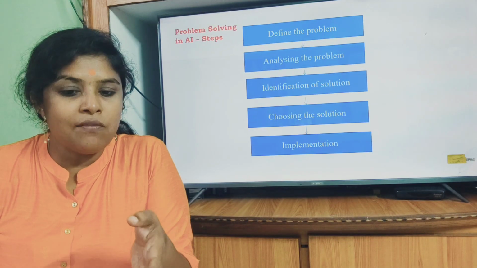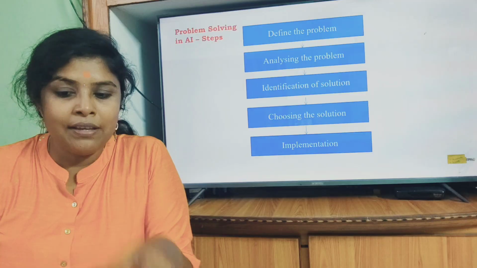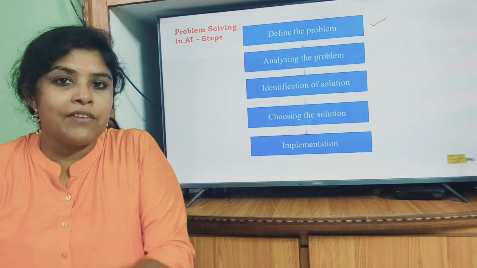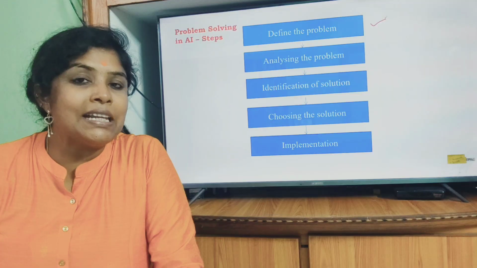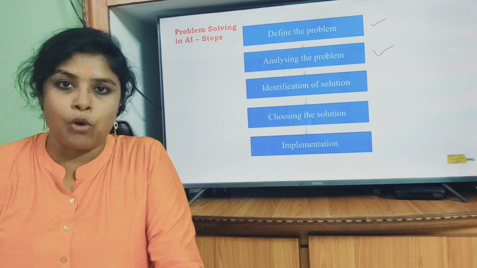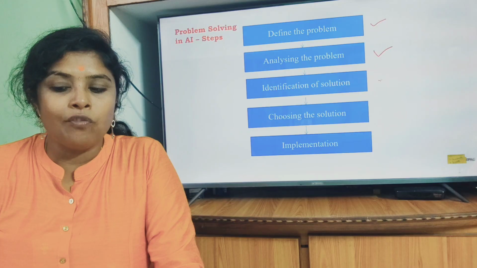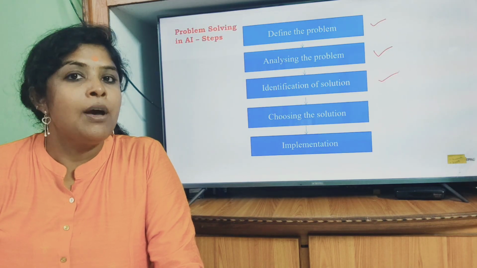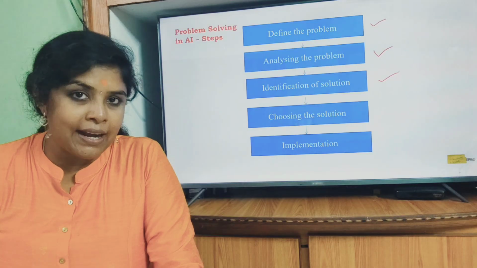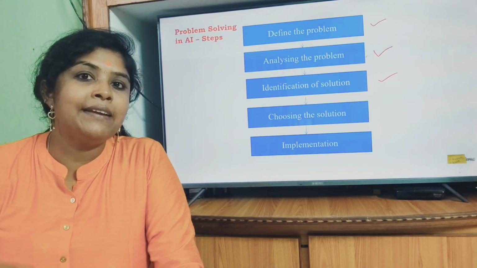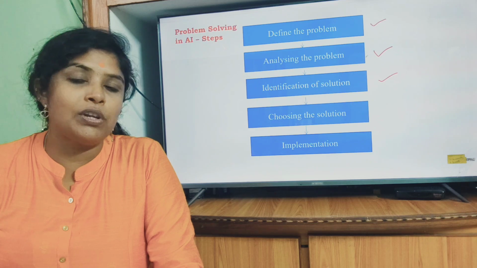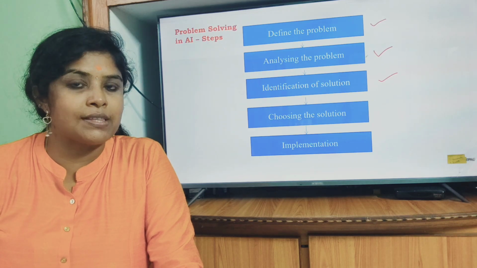Coming to the steps involved in problem solving, the first step is define the problem. Whatever problem is given to us, it should be defined clearly and precisely. And then we need to analyze the problem. And then we need to go for identifying the set of possible solutions. So after analyzing, we will get an idea about the problem. Then we need to go for analyzing and finding the solutions, identification of solutions.